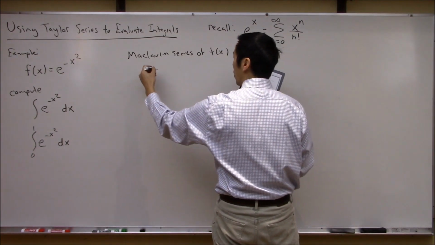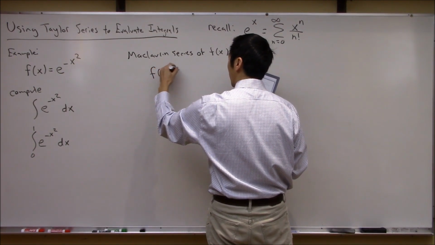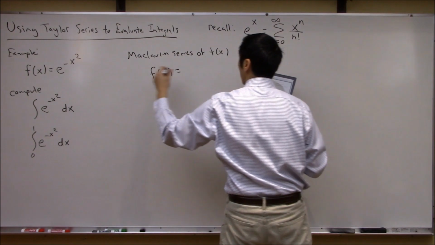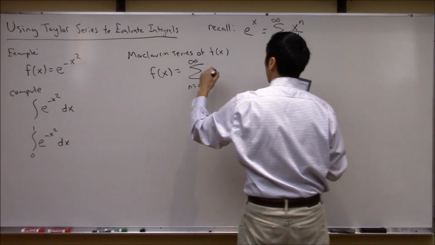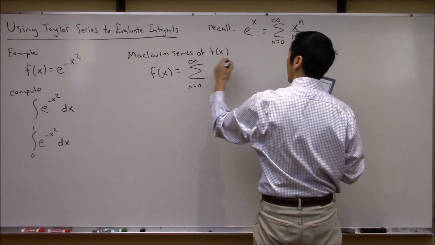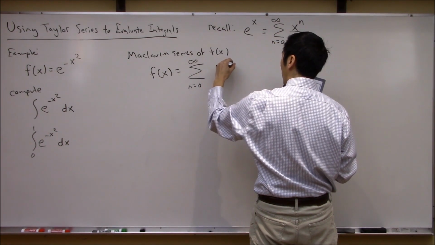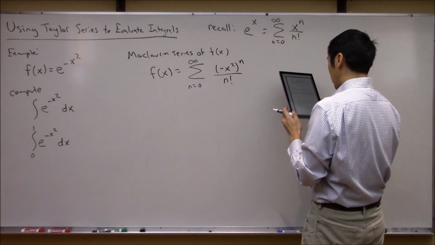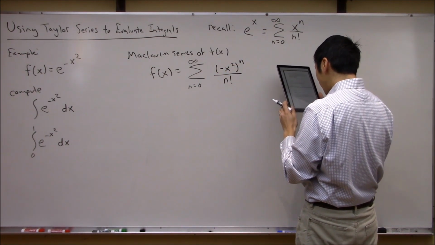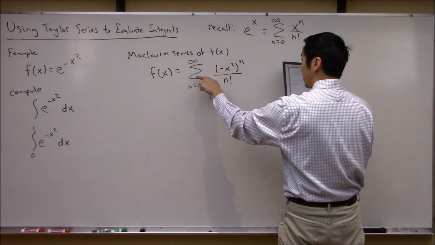So what we end up with is the Maclaurin series of this function. This is just going to be the sum from n equals 0 to infinity of, now it's not x, it's negative x squared, to the n, all over n factorial. Would everyone agree with that? Okay. So you could actually rewrite this if you wanted.